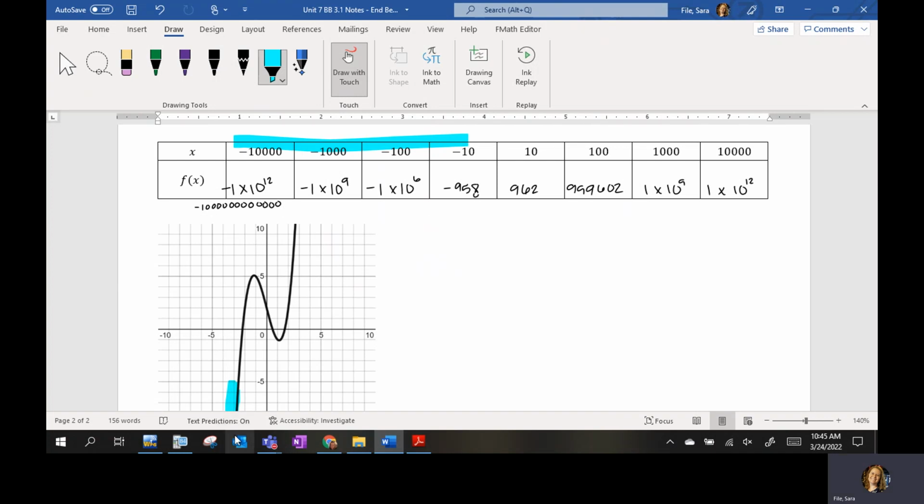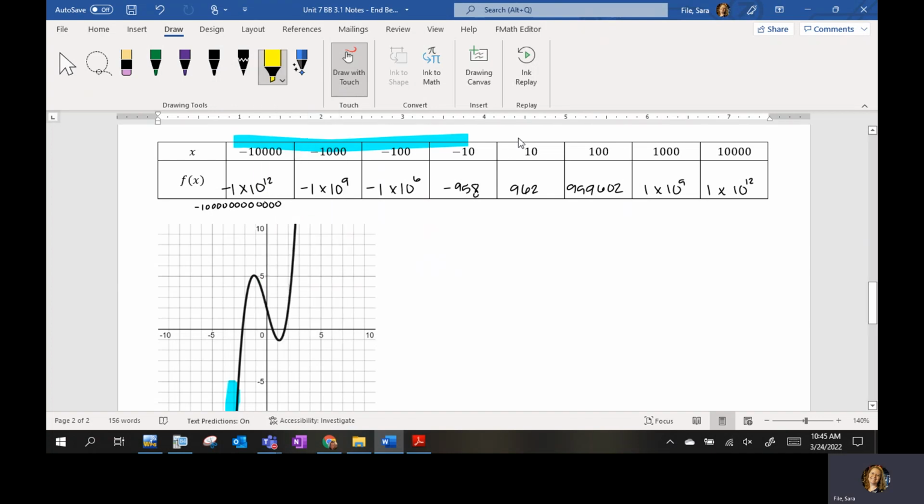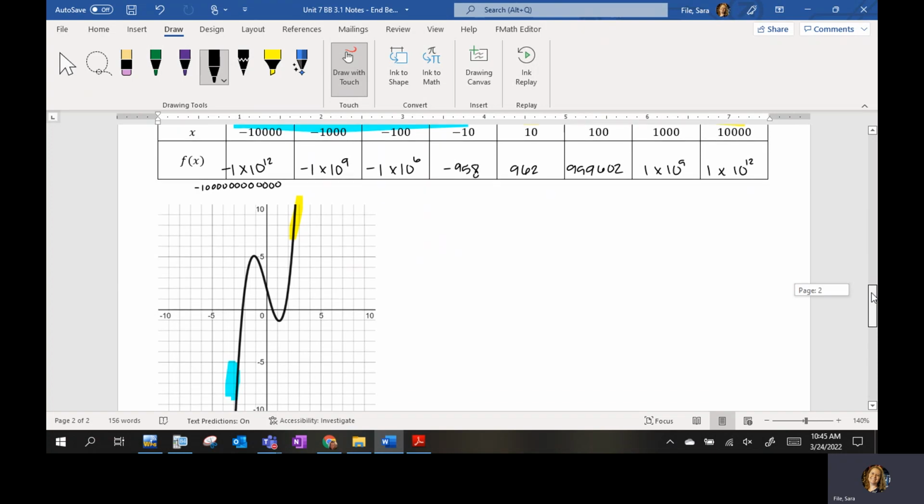Yeah, it's going down. Okay, and as x gets really, really big, look at these y values, these f of x function values. They're getting really, really big, aren't they? Does that match the graph? Yeah, it's going up. Okay, but you've got to be able to read the table, or you can read the graph as well.